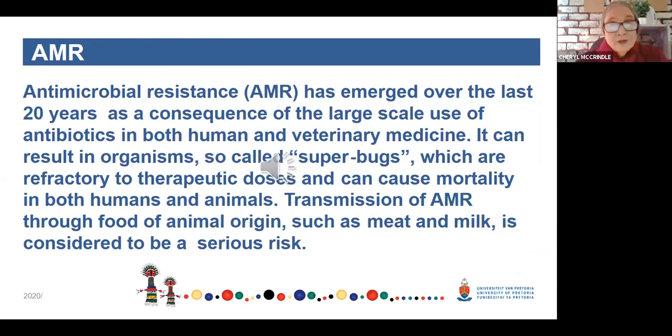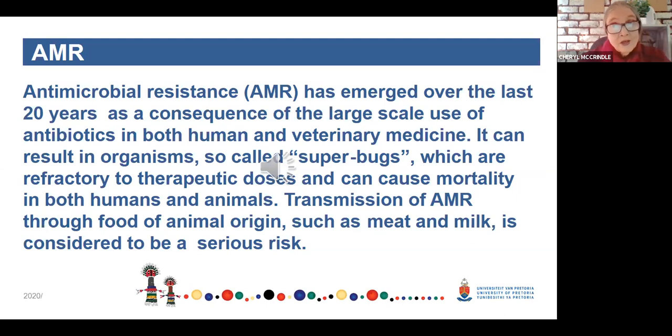However, antimicrobial resistance has emerged over the last 20 years as the consequence of a large-scale use of antibiotics in both human and in animal medicine. So this results in organisms which we sometimes call superbugs, which are refractory to therapeutic doses, and they can cause major disease and also mortalities in humans and animals.